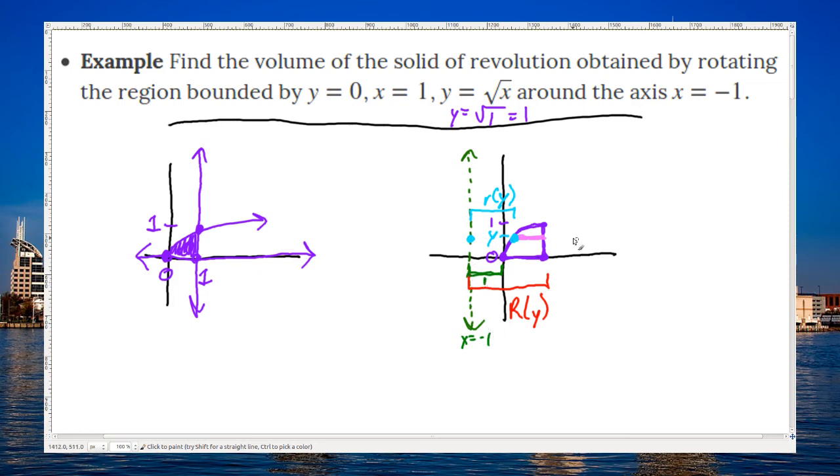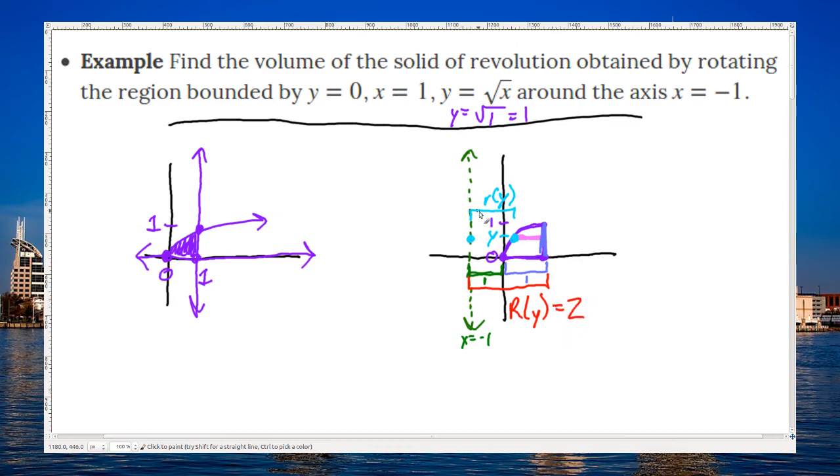And hey, this vertical line here on the right is also just from 0 to 1. So big R of y is just 1 plus 1, which is 2. So that's easy. Big radius is 2.